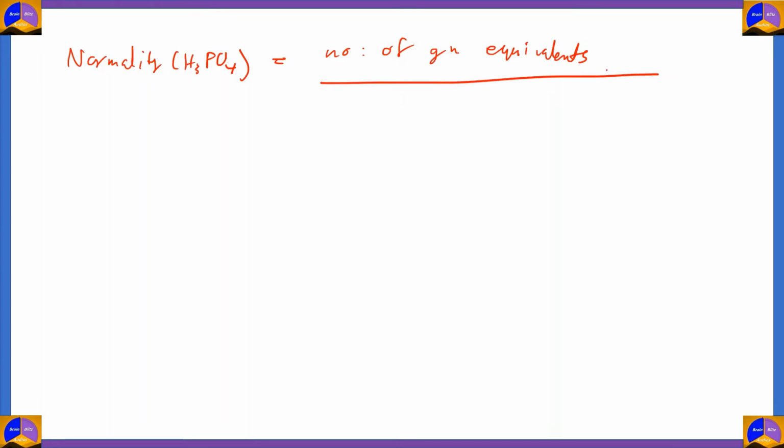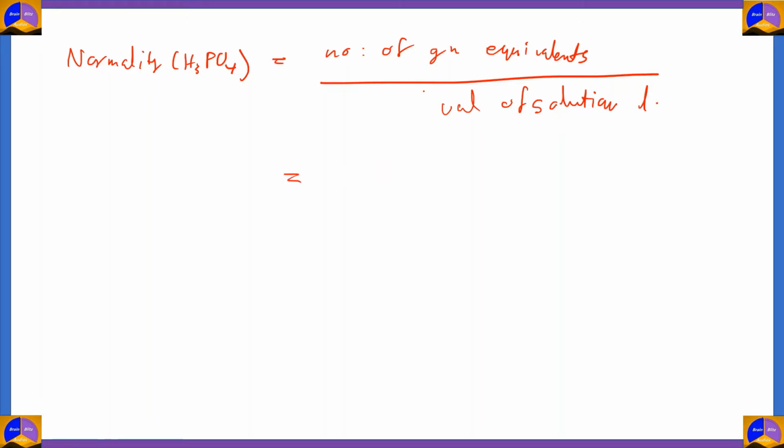So now we need to find the normality of H3PO4. So the normality of H3PO4 will be the number of gram equivalents divided by volume of solution in liters.